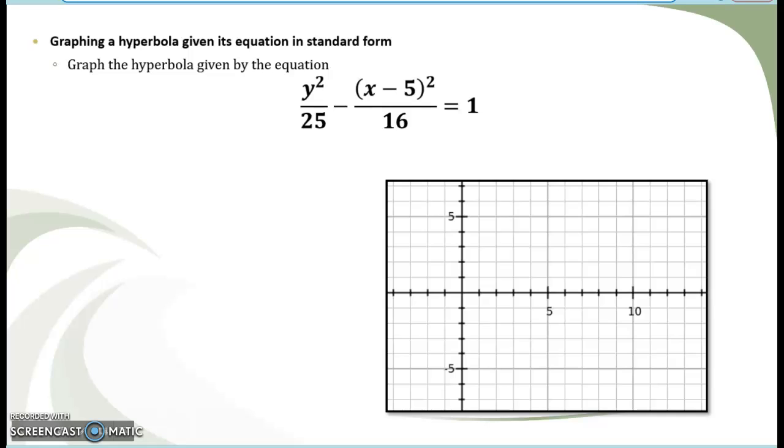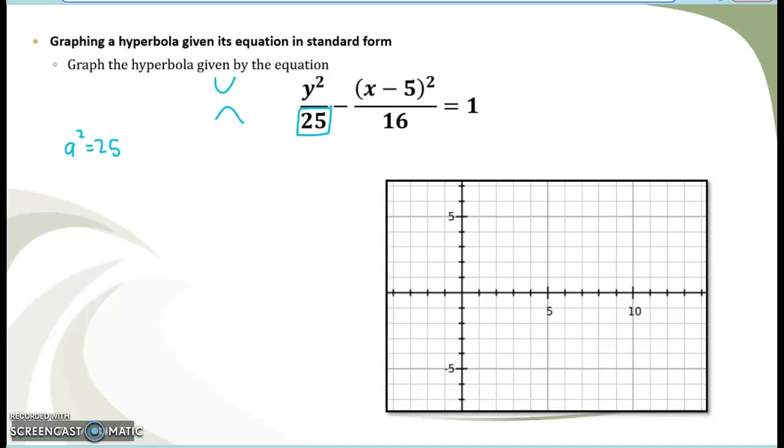Okay, so now let's look at this problem. We have y squared over 25 minus (x minus 5) squared over 16. So the positive fraction is the one with y squared, and in this case we have a squared equals 25 under the y, which means we're going to be opening up and down like this.